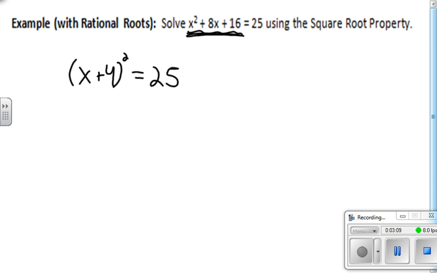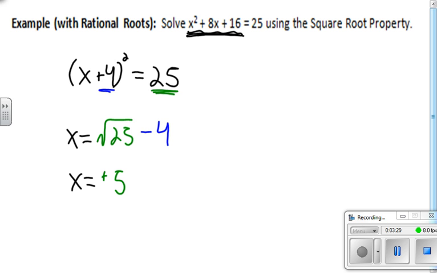Now from here, same thing. We would say that x equals the square root of our m value, minus our n value. So remember, 25 is the same as either positive 5 squared or negative 5 squared.